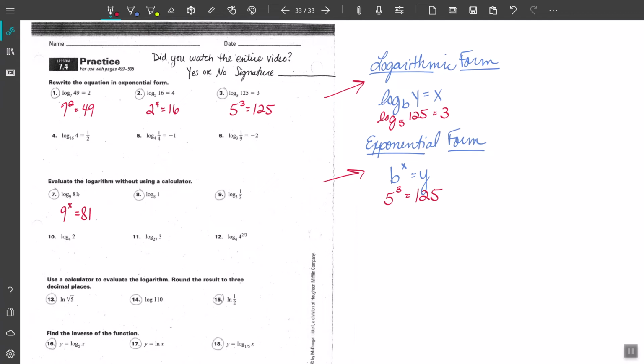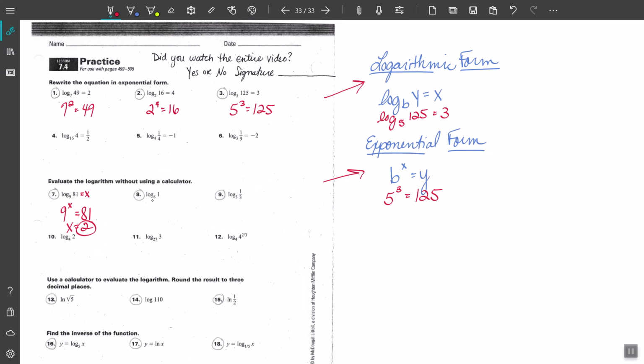They really could have had this log base 9 of 81 equals x, and we're solving for x. And then you can see it follows the same form that we just did over here, going from logarithmic form to exponential form. So from here I can easily see that x needs to be 2 in order to have this equation work out. So 9 squared would give me an answer of 81. Okay, so my answer here is 2.